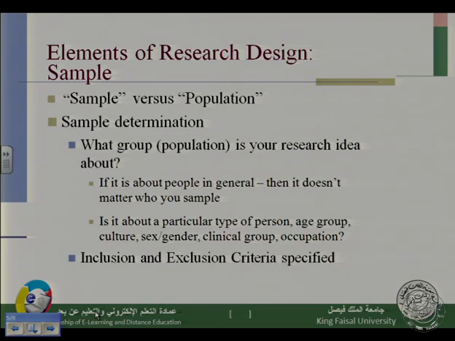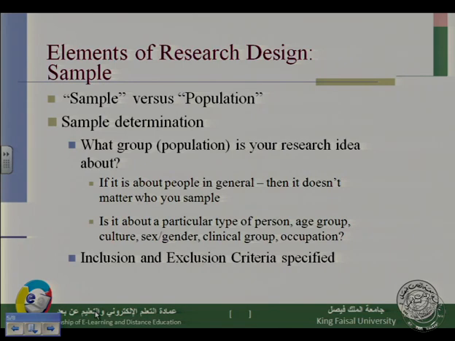Is it about a particular type of person, age group, culture, sex and gender, clinical group, occupation? So again, you need to specify the population. Are you targeting, for example, the age group, as I said, children? Type of person, academics, for example. Culture, are you comparing two cultures, for example, or targeting only one culture?